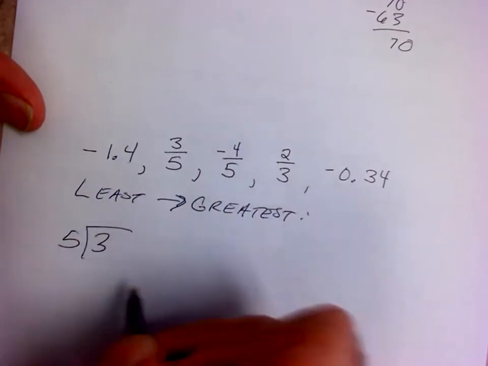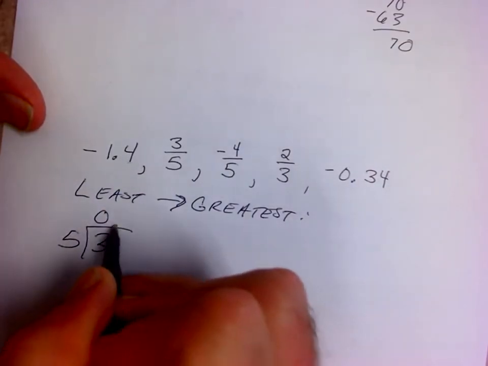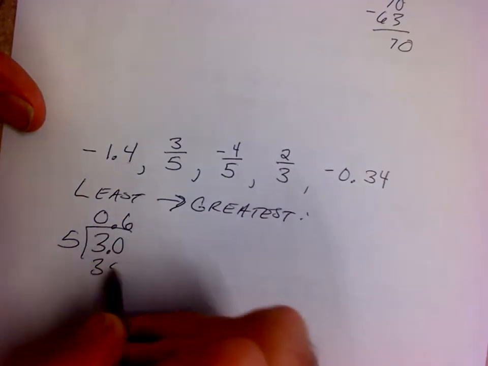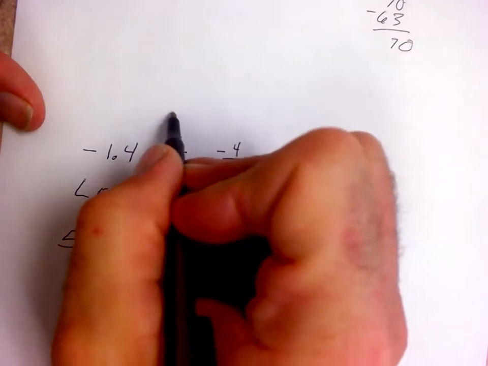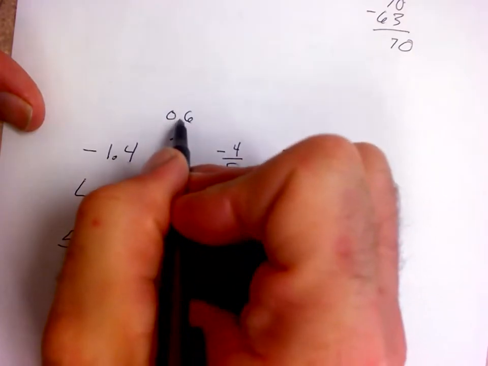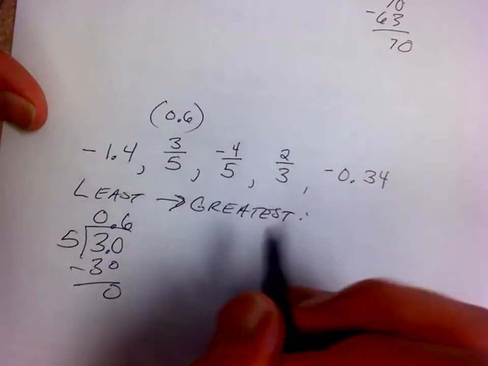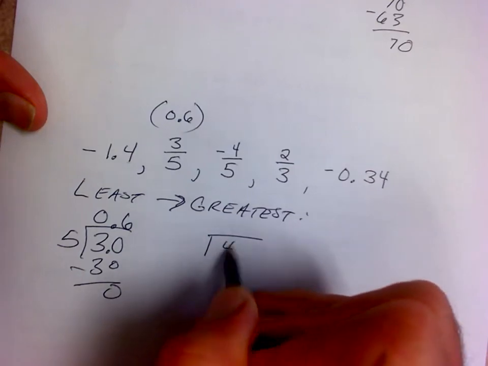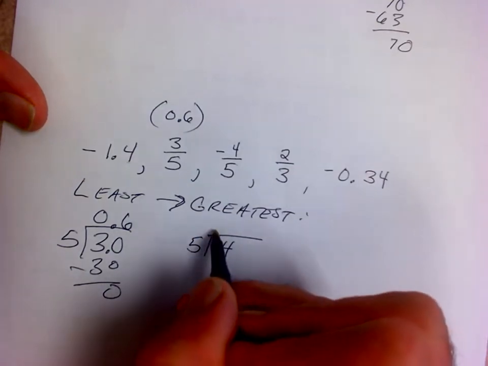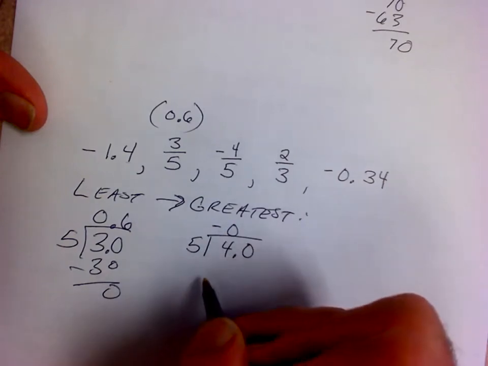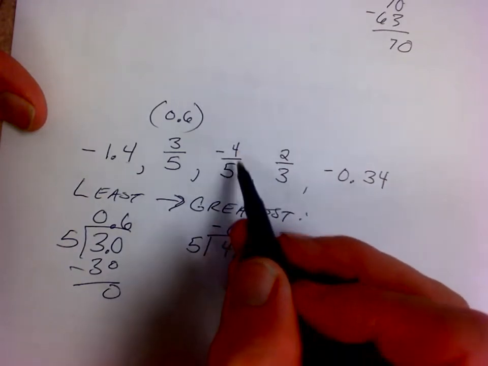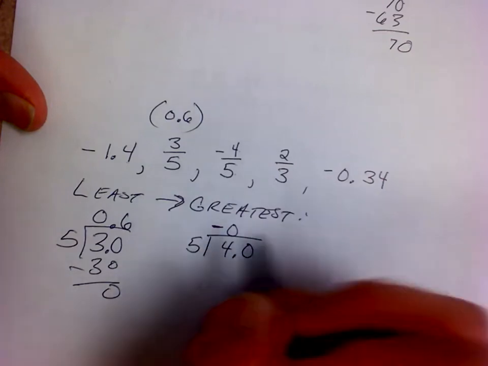So 3 divided by 5 is going to terminate at 0.6. Okay. Negative 4 divided by 5. And again, we don't have to get hung up on the negative signs here. Okay. We have 1 negative divided by a positive, so we know we're going to have a negative answer.